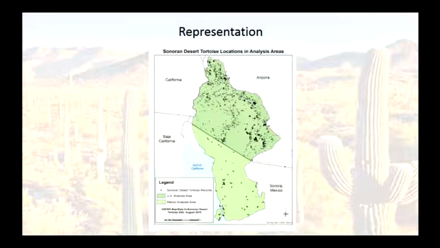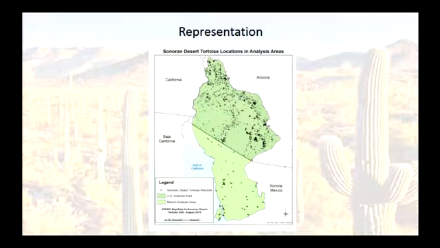How about ecological? Do they forage on different foods? You know, over here, maybe they eat different things than they do over here. We couldn't identify anything obvious in the literature and anybody's expertise that said there was clear analysis units to make. So we first started making one giant analysis unit for the whole species.